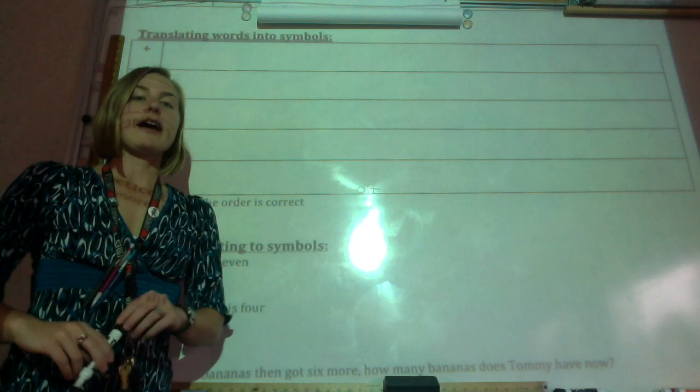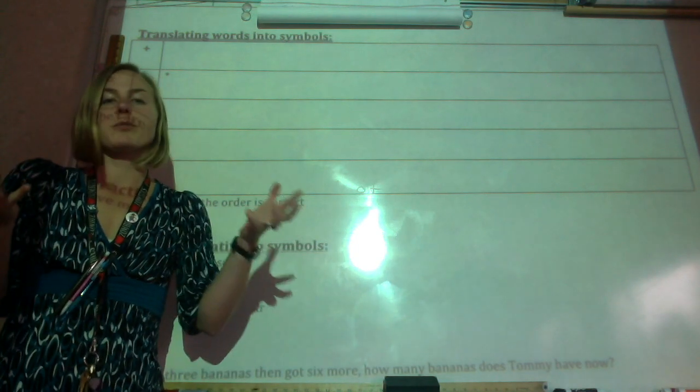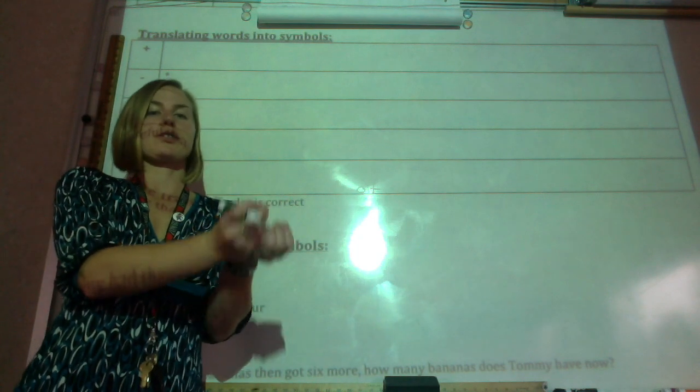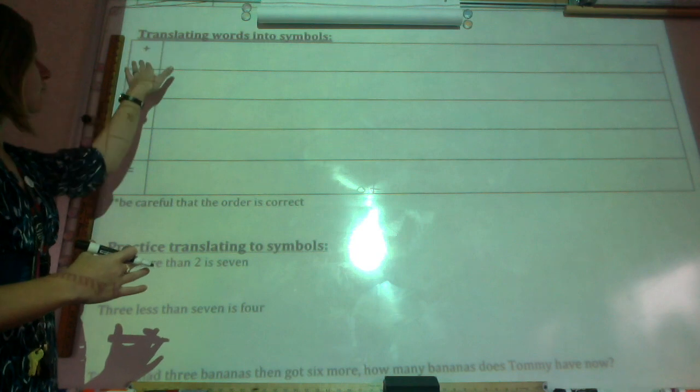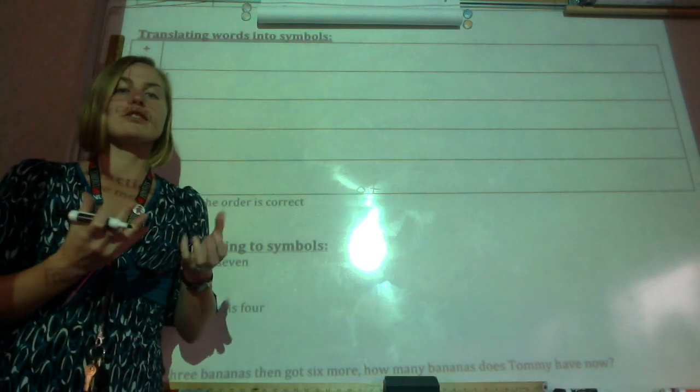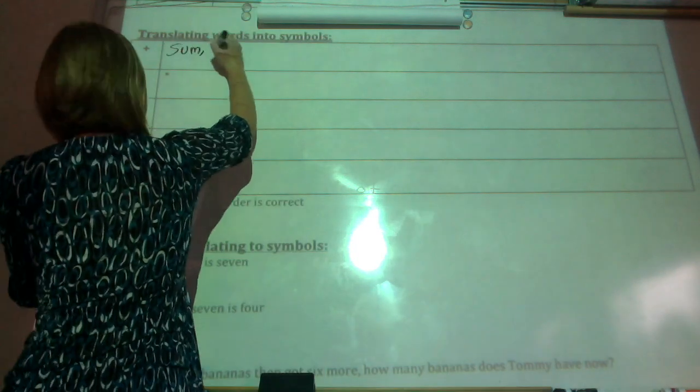What we're now going to look at is translating words into symbols. So essentially taking kind of like a word problem and turning it into an equation or into an expression that we can work with. So if we're looking for addition, these are the words that you're going to see that you're going to translate to be that plus sign.